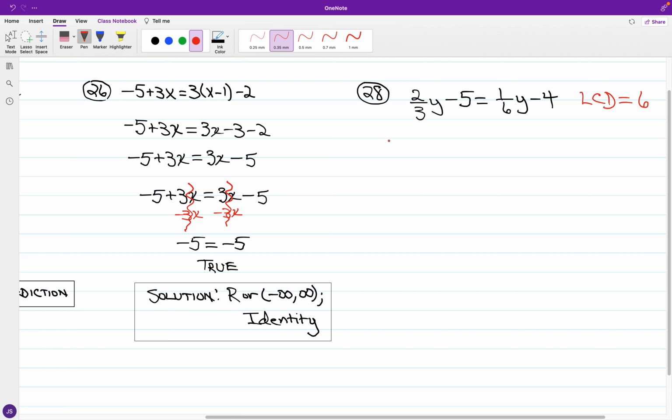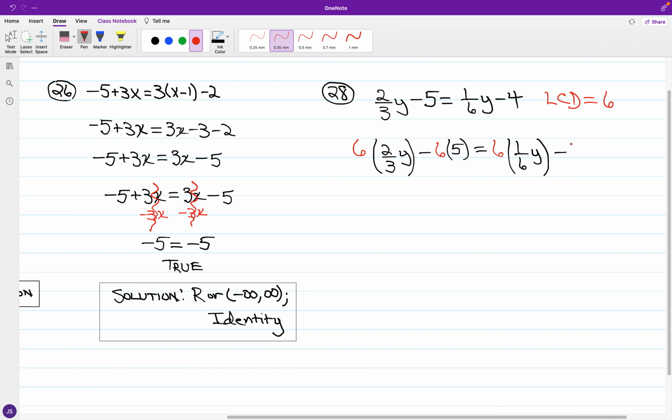So if I take all the terms and multiply by 6, we have 6 times 2/3 of y, and bring down the subtraction, minus 6 times 5, is equal to 6 times 1/6 of y, and again bringing down subtraction, minus 6 times 4.